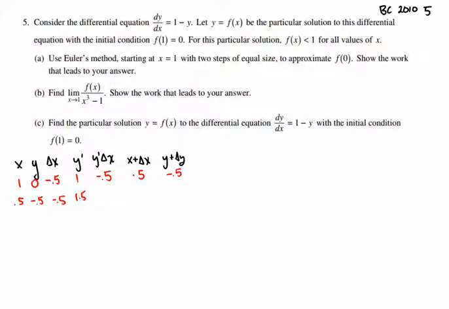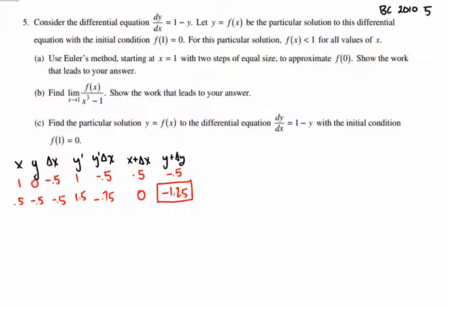The y prime times delta x would be negative 0.5 times 1.5, which is negative 0.75, and we're ready to construct the new x value, which would be 0.5 plus negative 0.5, which is 0. The new y value would be negative 0.5 plus negative 0.75, which would be negative 1.25, and so that would be our answer there. I will go on to part B.